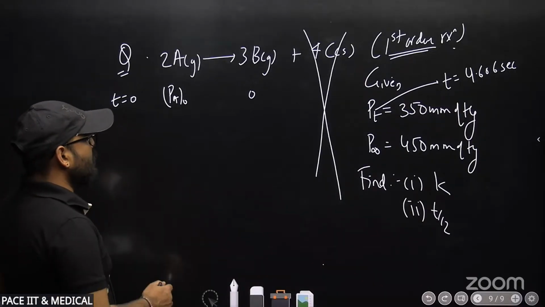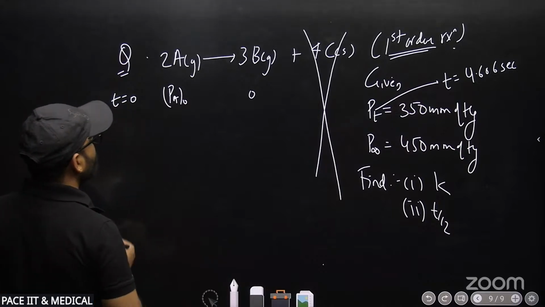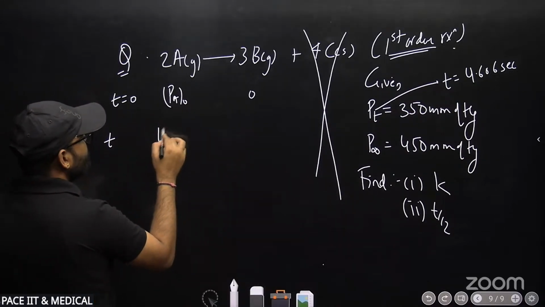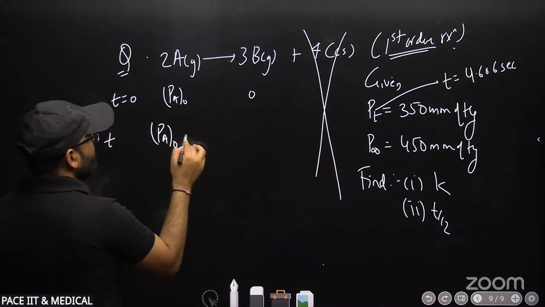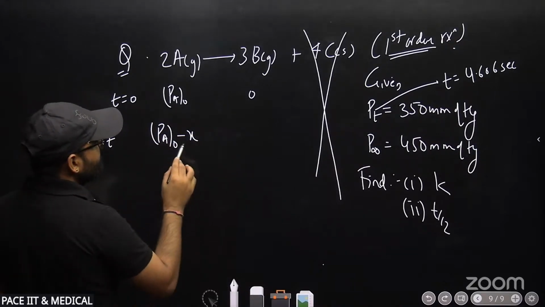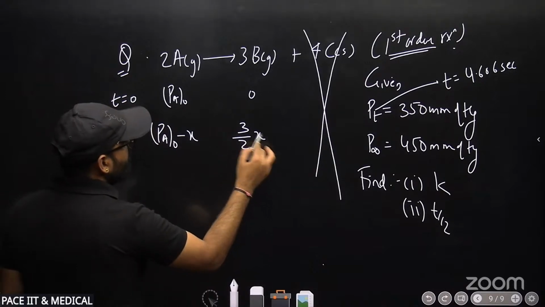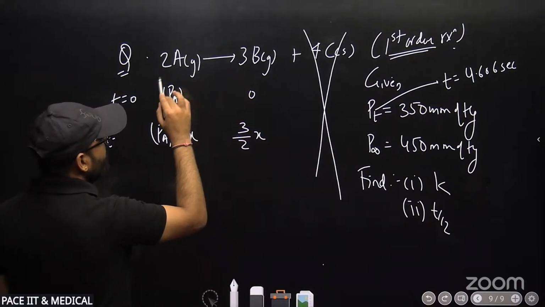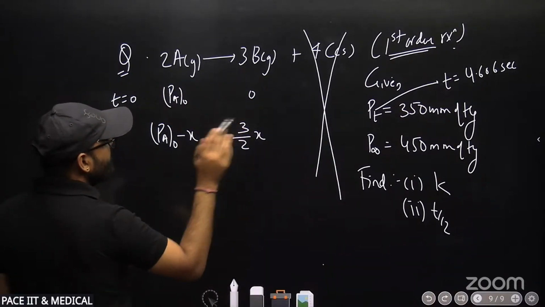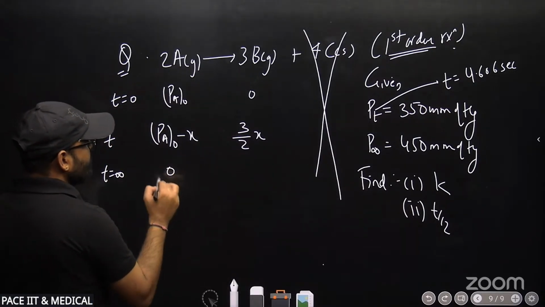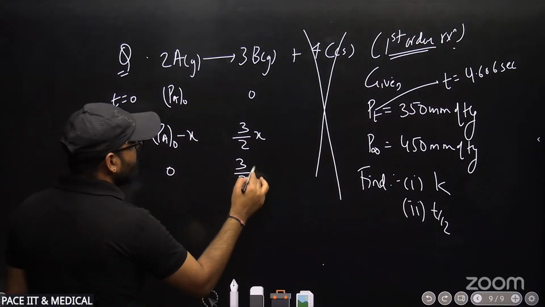Okay, now look on the screen. This is PA naught, this is 0. At given time t, this is PA naught minus x. If this is reacting x, then this will be 3 by 2 times x. And at t equals infinite, this is 0, and this is 3 by 2 times PA naught.